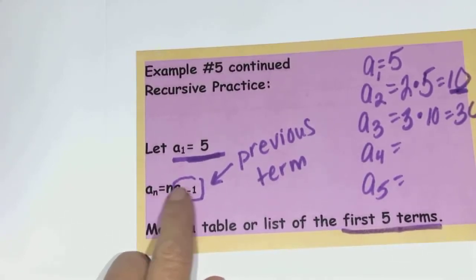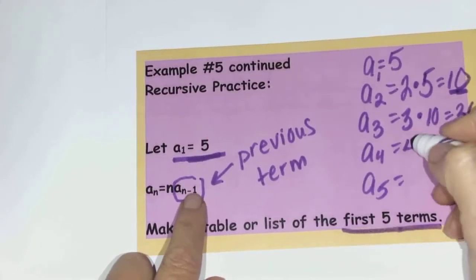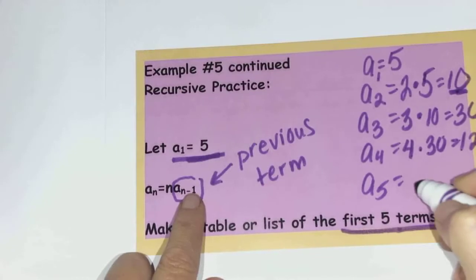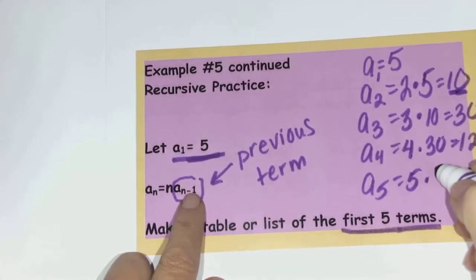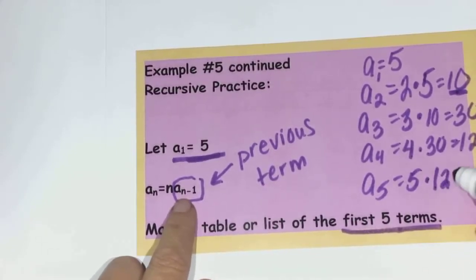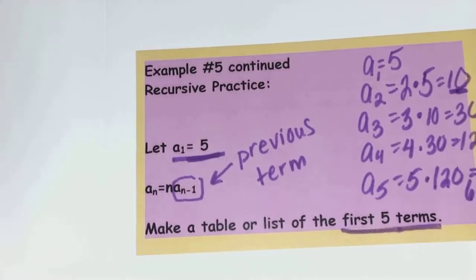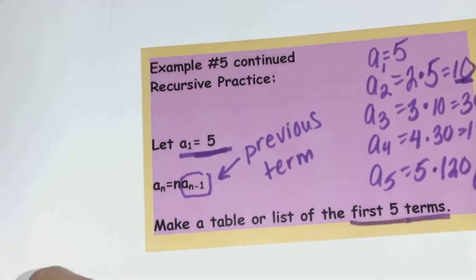It's the n value times the previous. So this would be 4 times 30, which is 120. And this one would be 5 times 120, which would be 600. And that's example 5, recursive.